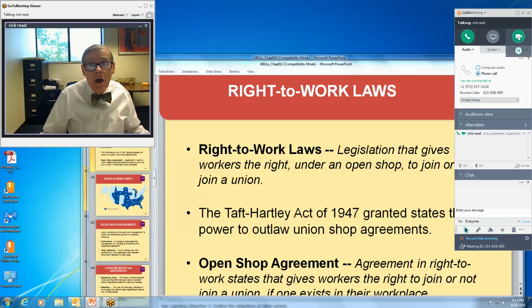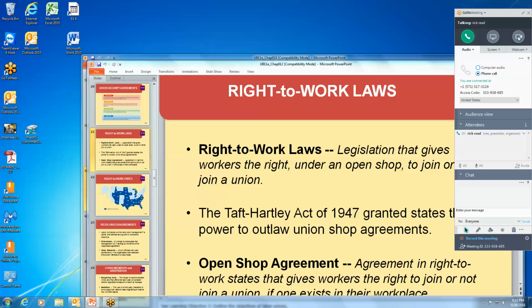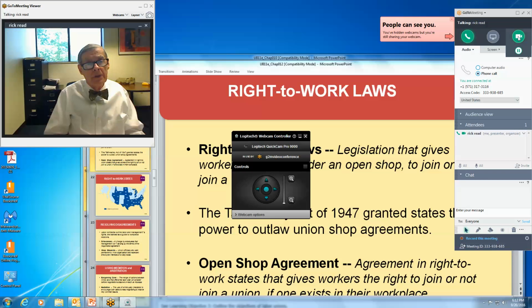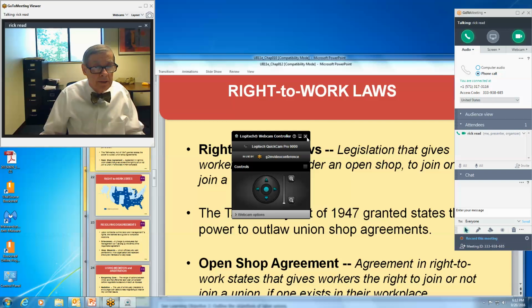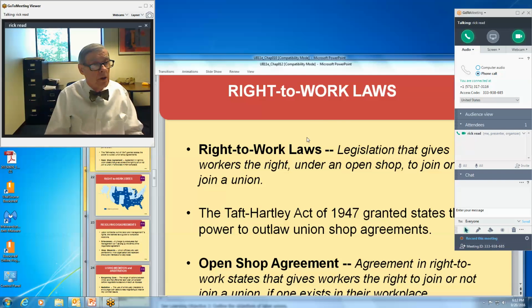Right to work laws simply say anybody who wants to work has a right to work. They don't have to be a union member. I've always been confused about this because I didn't think there were any laws on the books that precluded people from working. Now, notice what the legislation says: workers have the right under an open shop to join or not join a union.